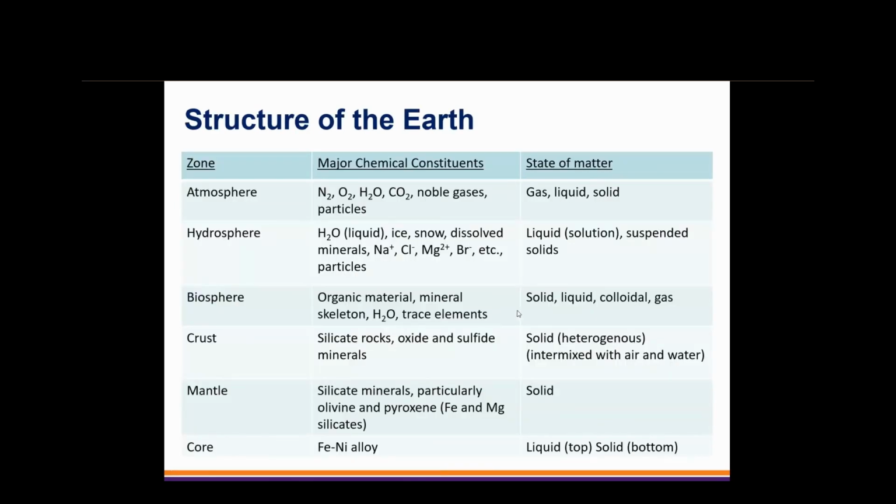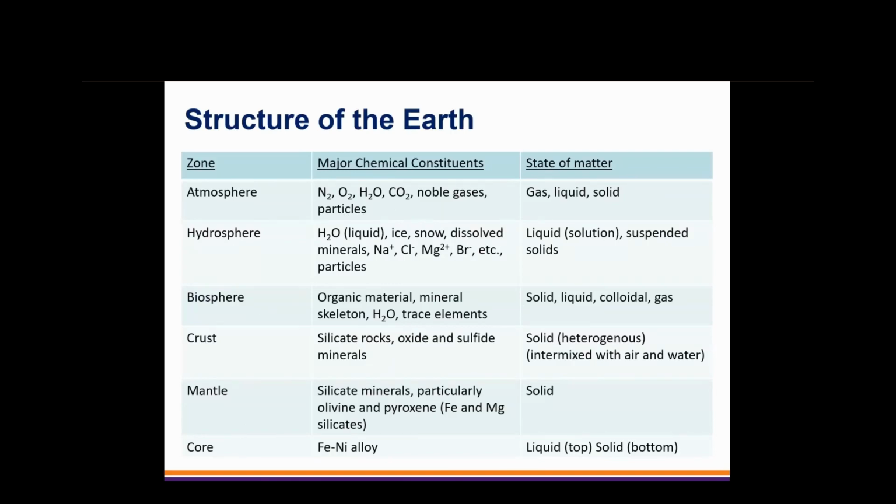So here are the major chemical constituents in each of the compositions of the Earth. The atmosphere consists of mostly gases. The hydrosphere consists mostly of water. The biosphere consists mostly of living organisms, and then we have the crust, mantle, and core, mostly metallic or inorganic species.